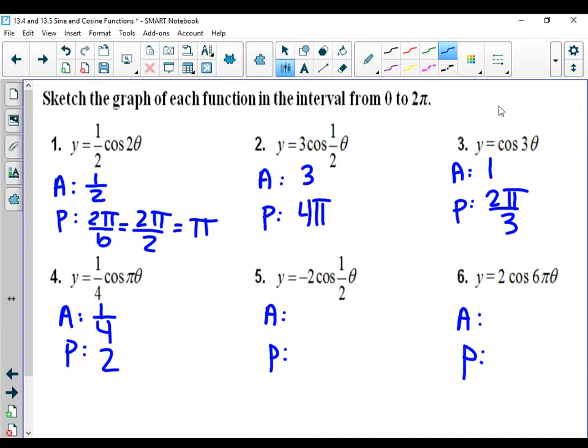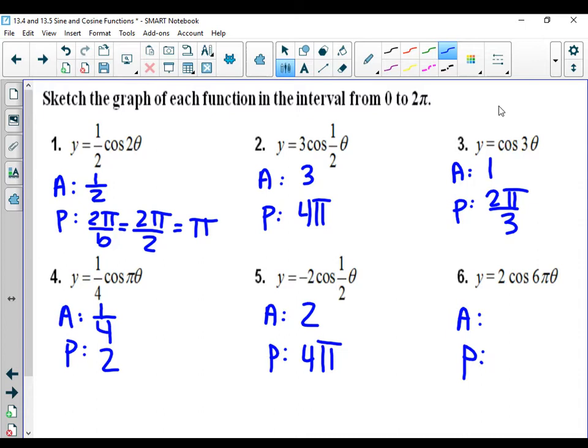Okay. What about number 5? Okay. 2 and 4 pi. Remember, amplitude's always positive. Always, always, always positive. Don't put that negative there, even though it is in front. It's still a reflection of the graph, but the amplitude itself is still 2, even though it reflected.